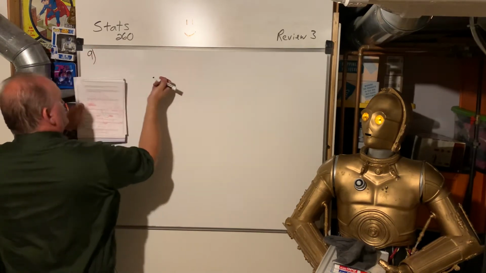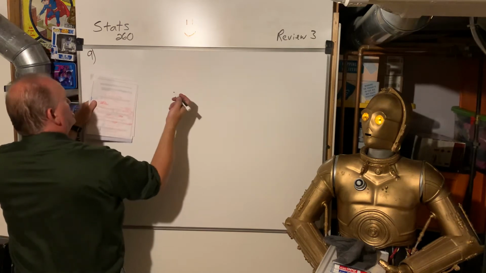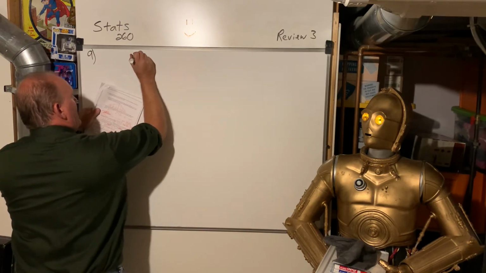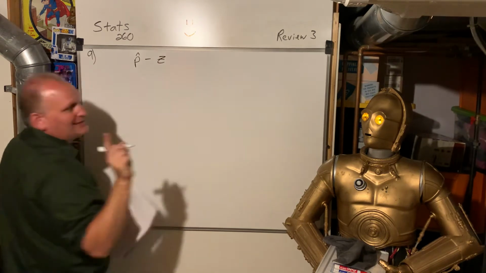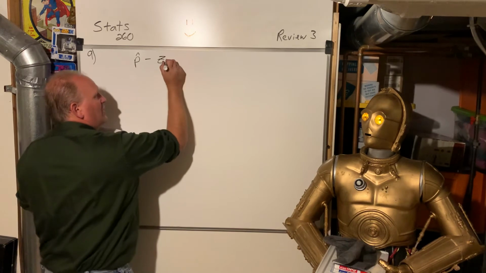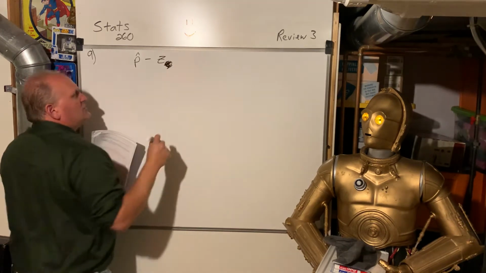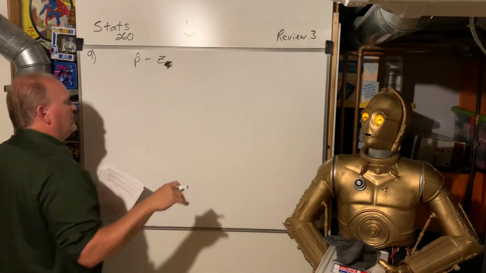So a confidence interval for a proportion or probability is going to be this, p hat minus z. Now I know it says z of alpha over 2, but I want you to just cross off the alpha over 2. We don't care. That's just your z score. Don't worry about the alpha over 2 thing.